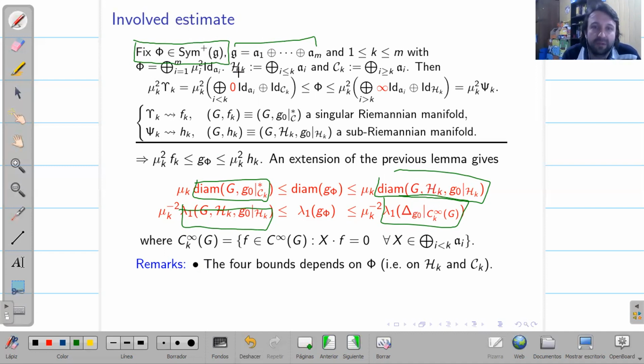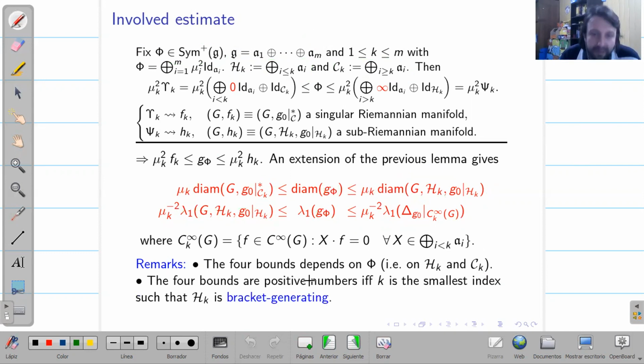So they depend on the metric G, which is something that we don't want, right? More precisely, they depend on HK and ZK, which depend on the decomposition.